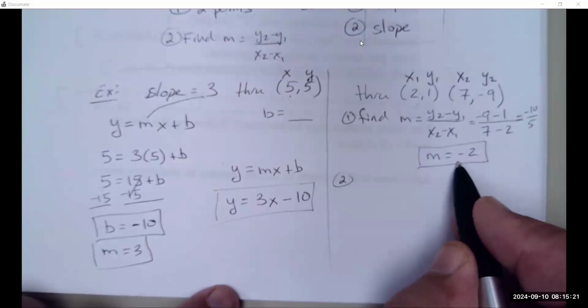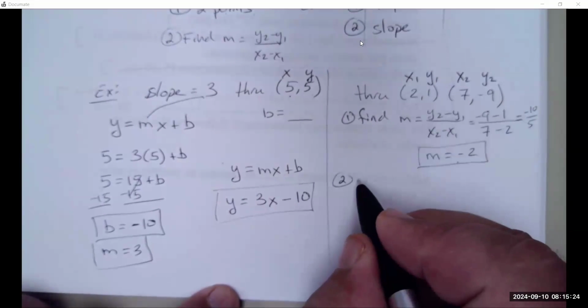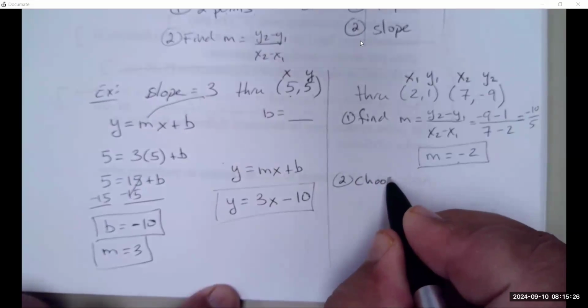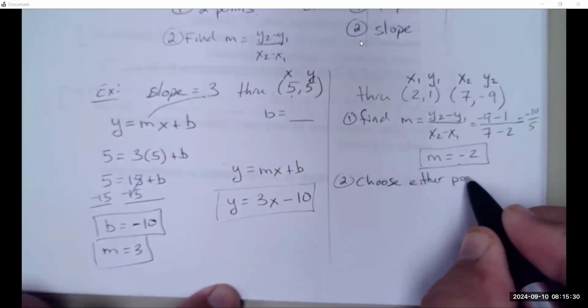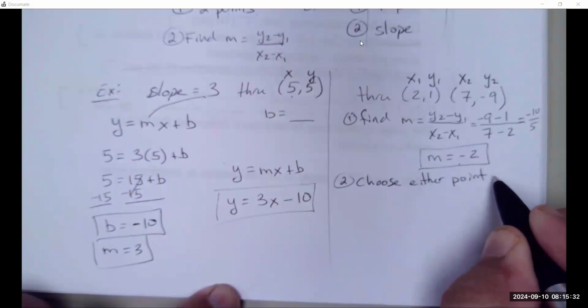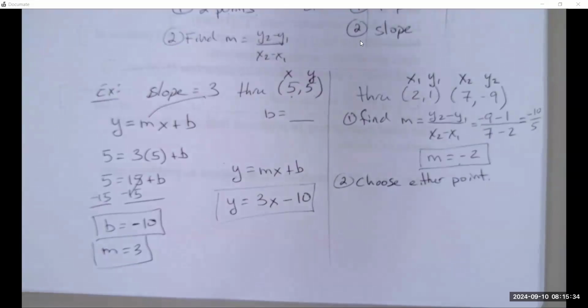Now we have our slope. We have 2 points. So here, just choose either point. And this is really one of the only times you have the free choice to make whatever decision you want. So we make it logically.